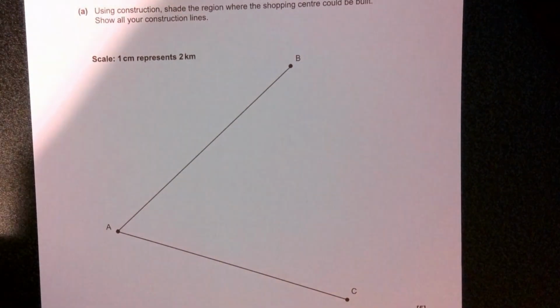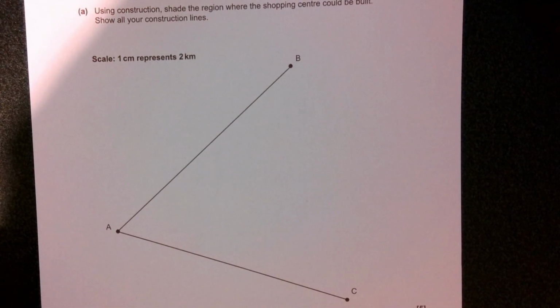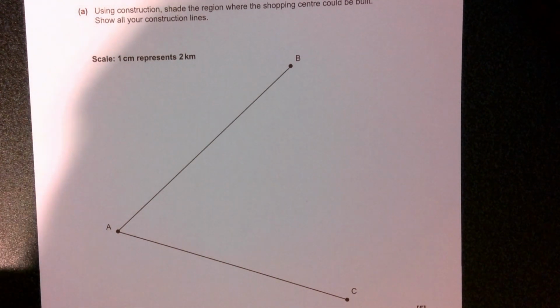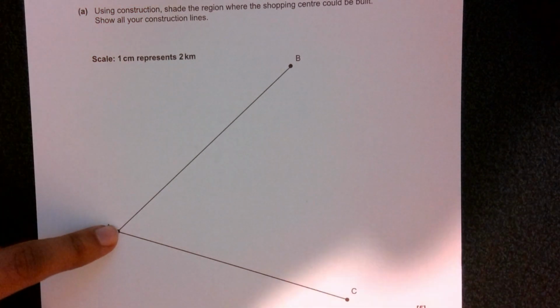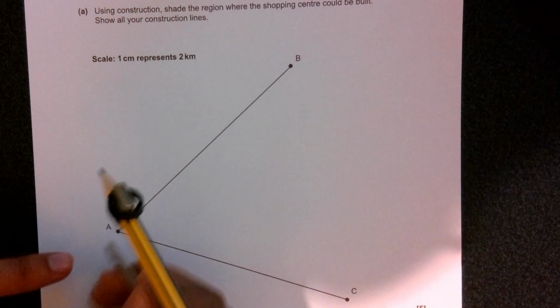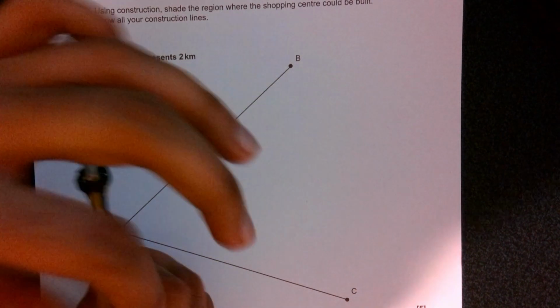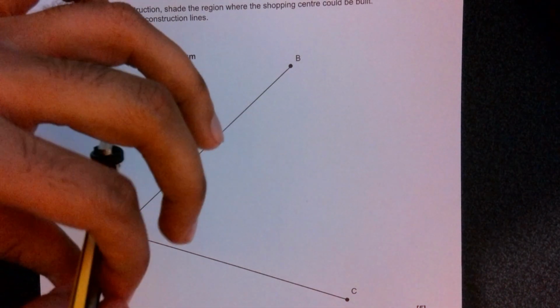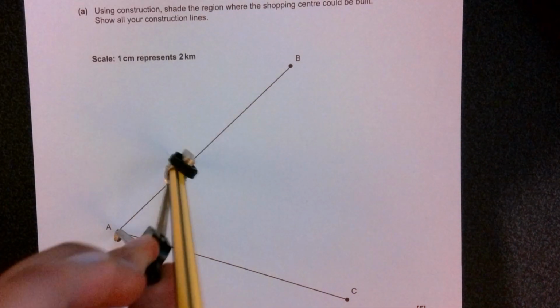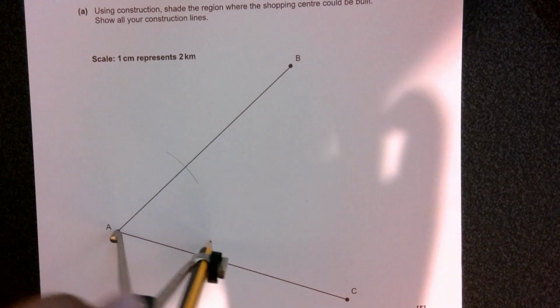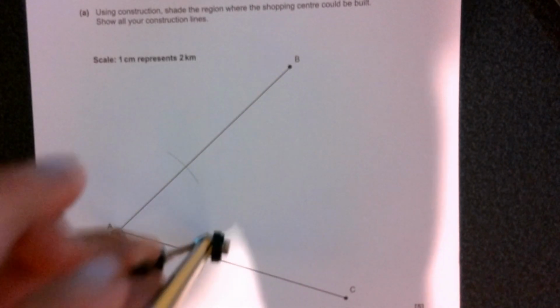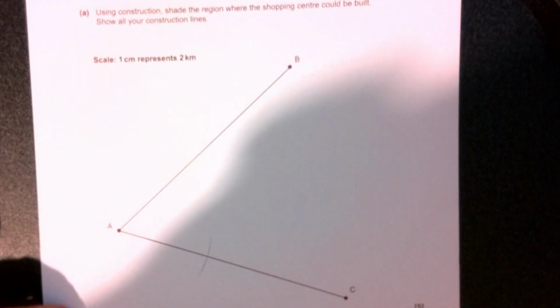Now, the first thing we need to do is recognise that if it's closer to AB than AC, we need a bisector of this angle. So the first thing is put the pointy bit of your compass on the point A, and then you need to draw an arc like so through AB, and another arc through AC.